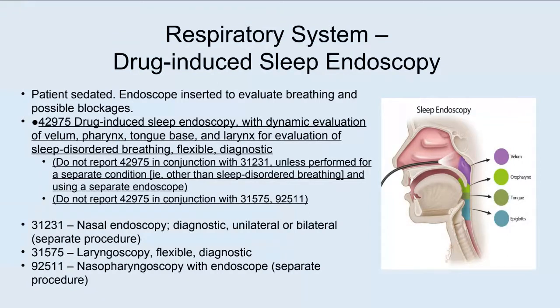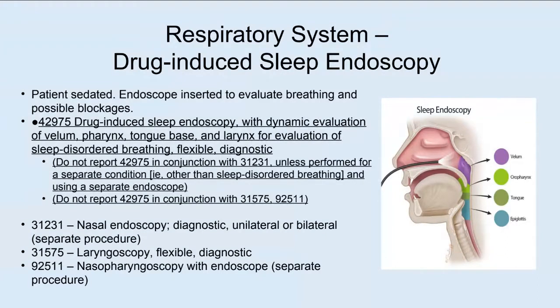Underneath that are new notes. Do not report 42975 with 31231 unless performed for a separate condition, for a totally different reason, different diagnosis. And also do not report 42975 with 31575, 92511.